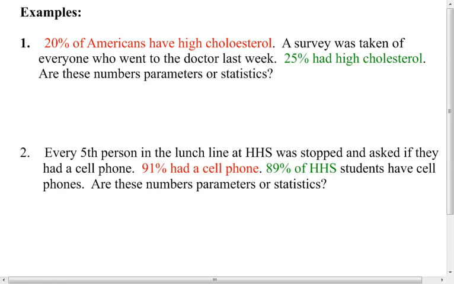So that's all Americans. That would be a population, and so this 20% would be a parameter. And then the 25% is a result of people who went to a doctor last week. That was a result of a sample or a survey. And so because it's a result of a sample, that would be a statistic.